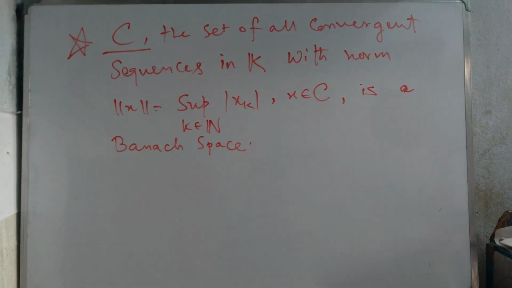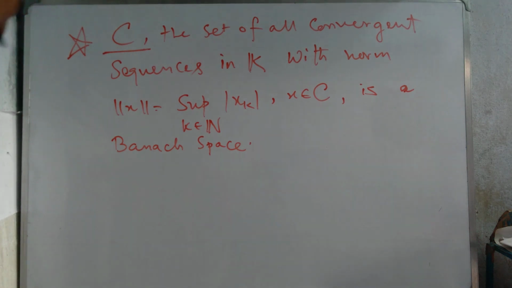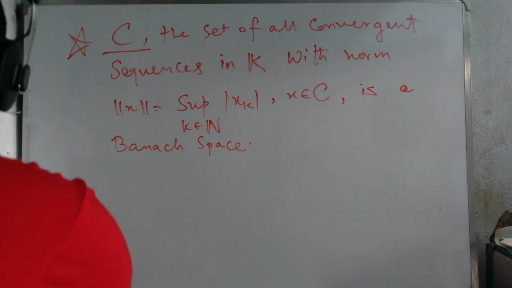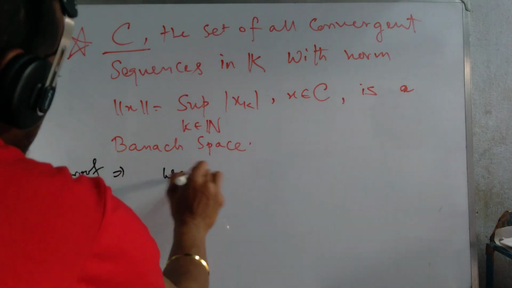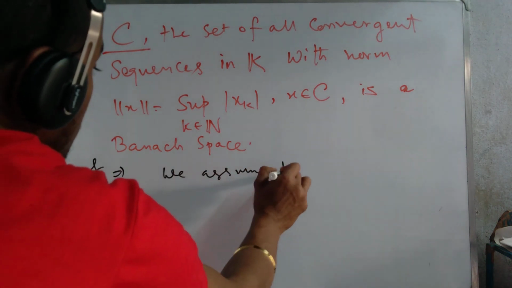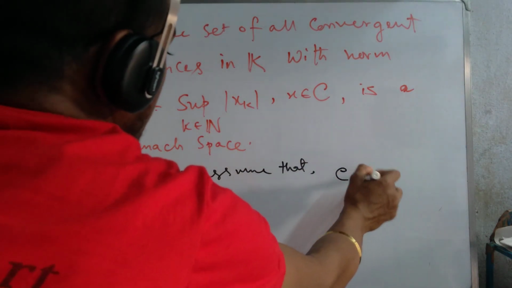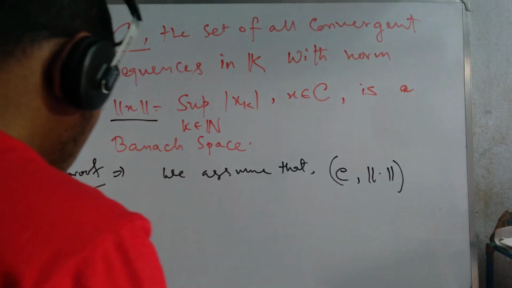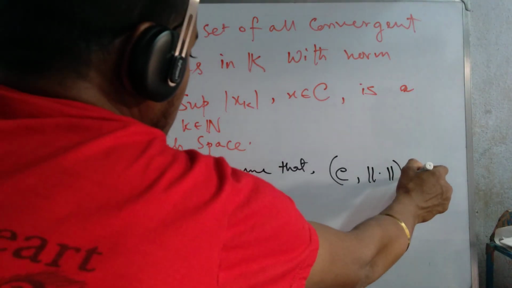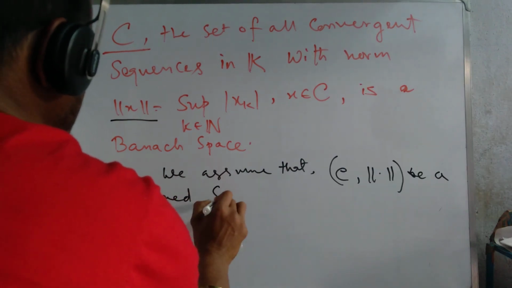Now we're going to prove that. Proof: first we assume that this C with respect to this norm given here is a normed space. We do not prove this, we just assume this.